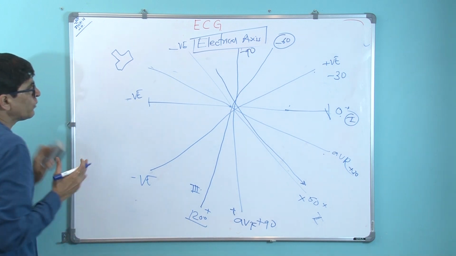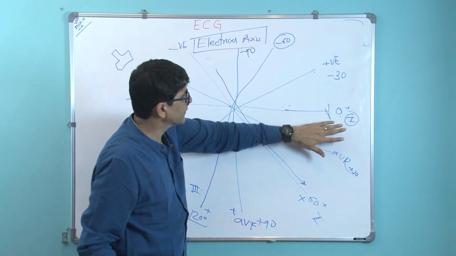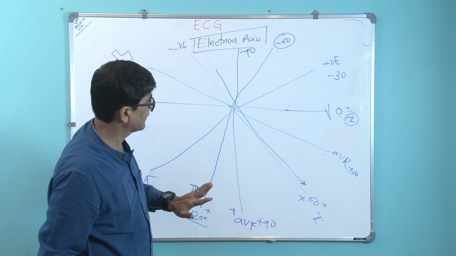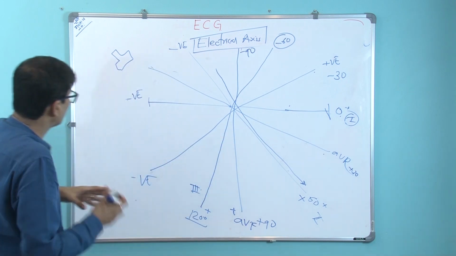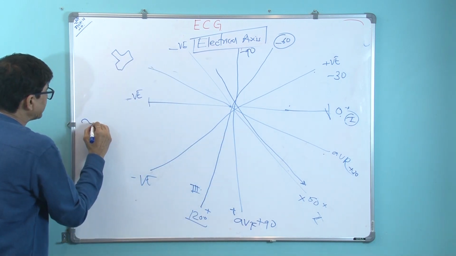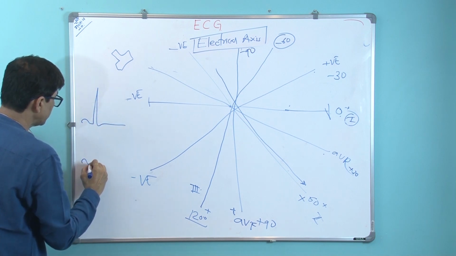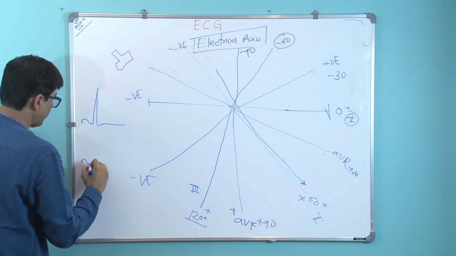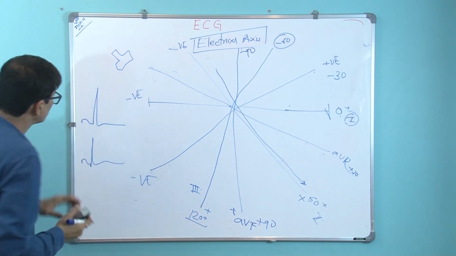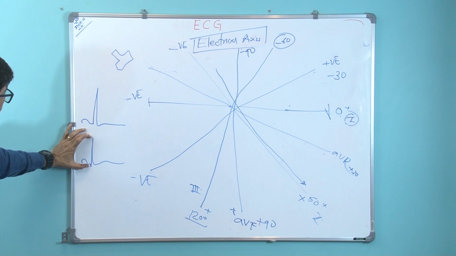This is to take any two perpendicular leads. Suppose I am taking lead 1 and AVF. This is lead 1, this is AVF. So, both are positive.